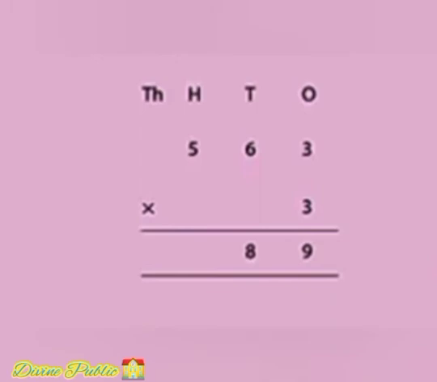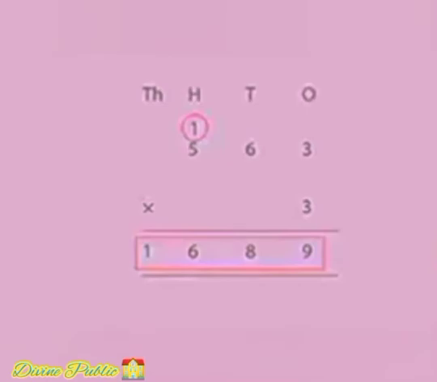Write 8 under the tens column and carry 1 to the hundreds column. Multiply the hundreds. 5 into 3 equals 15 plus 1 is equal to 16. Write 6 in the hundreds column and 1 under the thousands column. So the product is 1689.